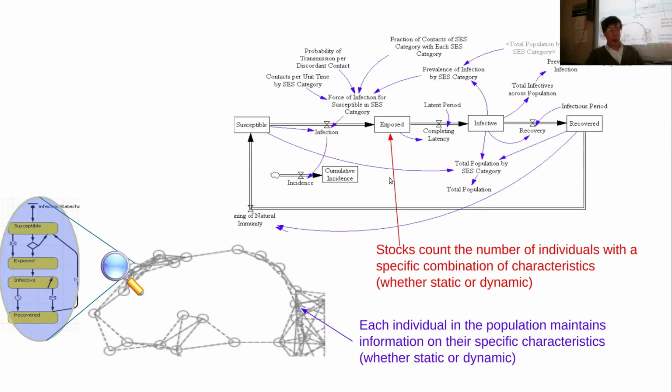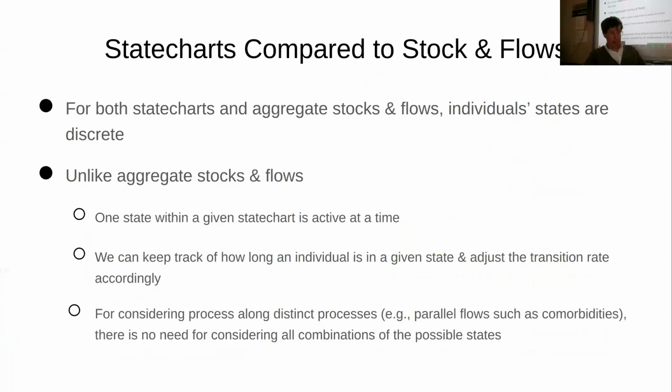So here, rather than stocks counting the number of individuals who have certain characteristics, a certain state and certain attributes, we have individuals who carry their own attributes and evolve those attributes over time, and we can summarize upwards from there.